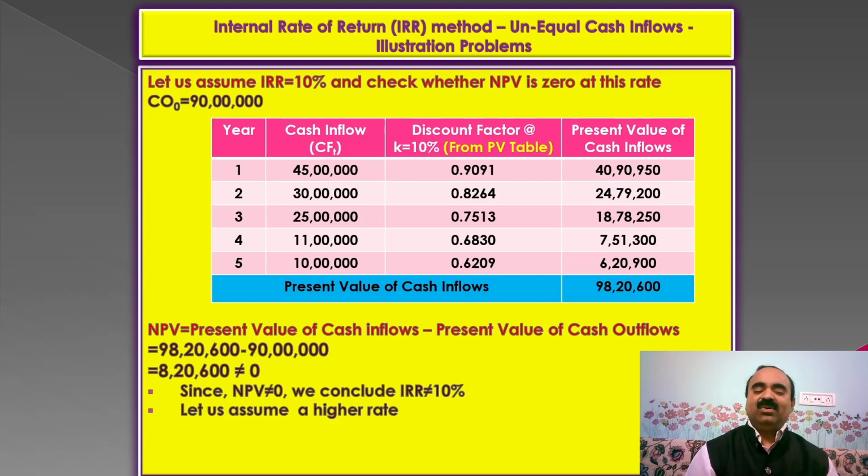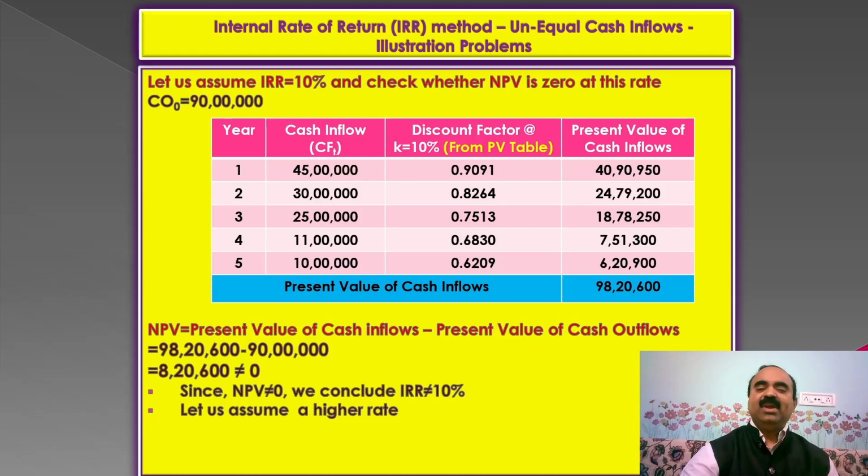That is equal to 98 lakhs 20,600 minus 90 lakhs, that is equal to 8 lakh 20,600, which is not equal to 0. IRR is the rate of return where NPV is equal to 0. Since NPV is not equal to 0, we conclude IRR is not equal to 10%.